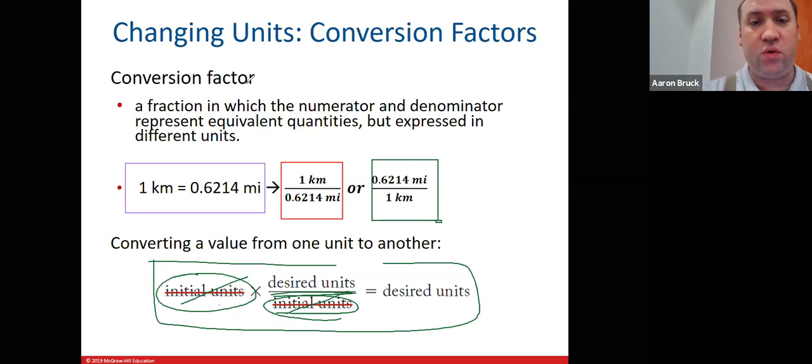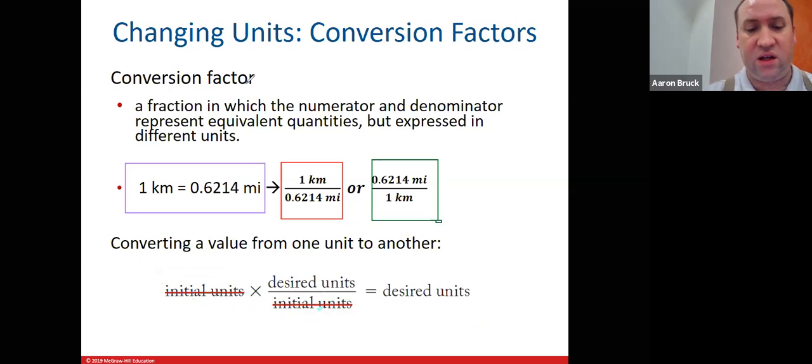If the situation were to exist where the opposite was true, let's say that I had 1 over my initial units. Well, that would just mean that I would need to flip the fraction around. My initial units are going to go up here in the numerator, my desired units in the denominator.